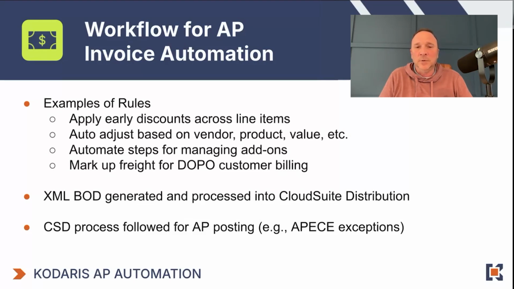So it was a header level discount. And we were able to apply that and prorate the discount across the line items on the purchase order such that the vendor invoice cost now shows the post-discount amount, which is going to match their ERP purchase order cost.